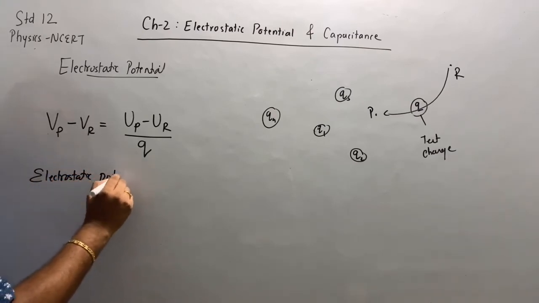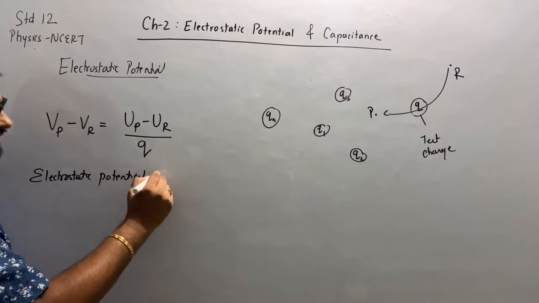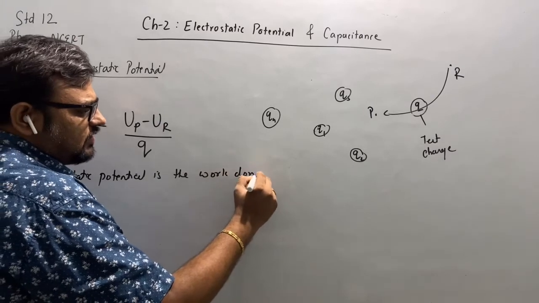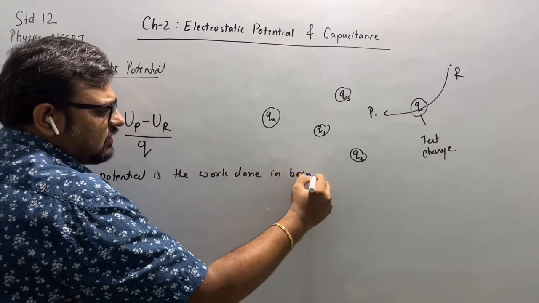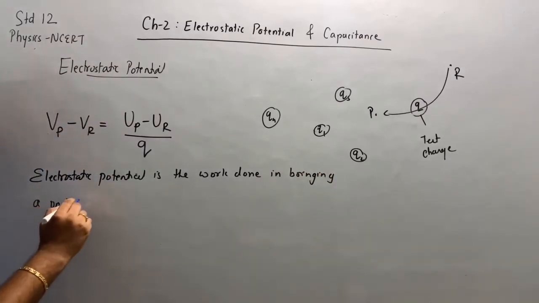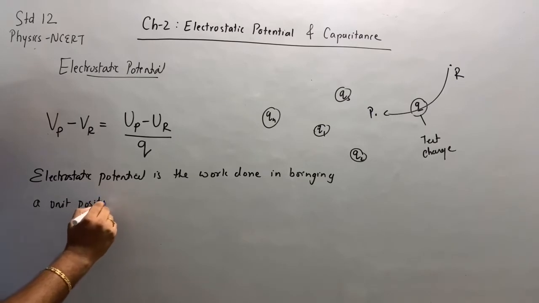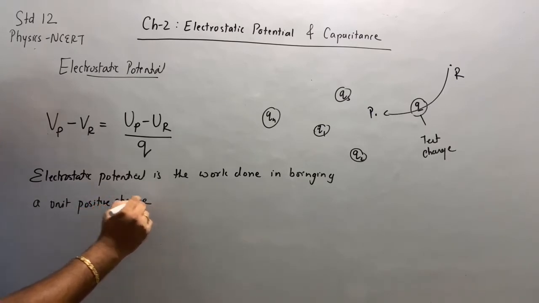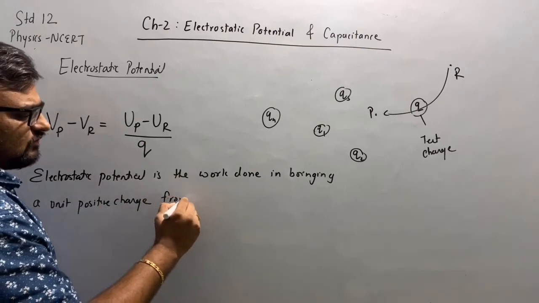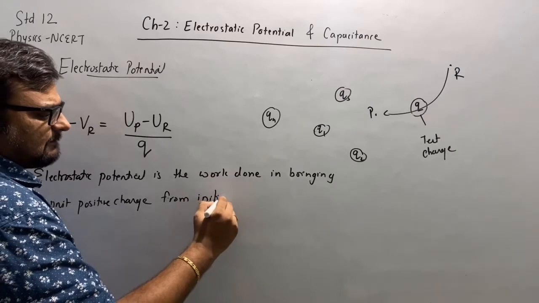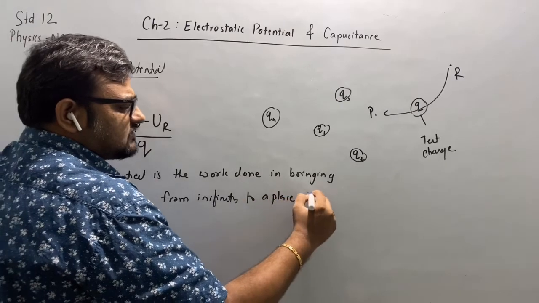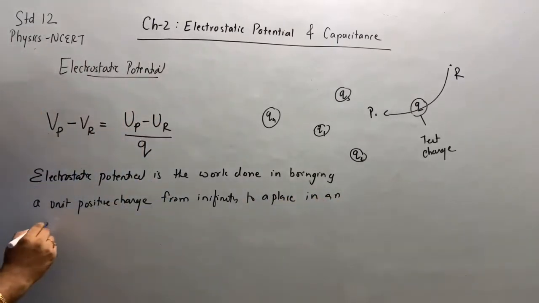Electrostatic potential is the work done in bringing a unit positive charge from infinity to a place in an electric field.